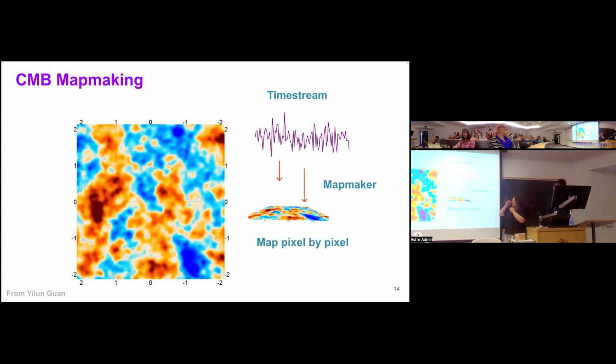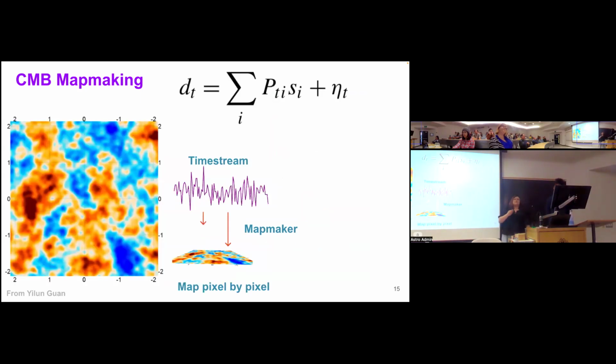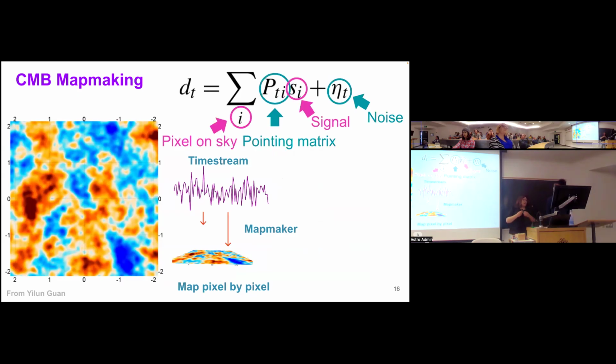So we break up the sky into pixels, and essentially all you're doing is linear algebra. You can see here our equation for what the TODs look like for a CMB experiment, where we have our pixel in the sky, our pointing matrix, which is just saying where the detectors are looking, our signal, and our noise. Essentially, you just have to do linear algebra here to be able to get the signal. And that's how we make our maps in a very simple sense.